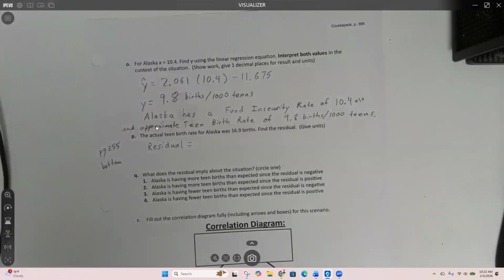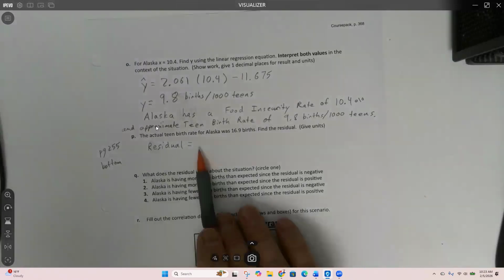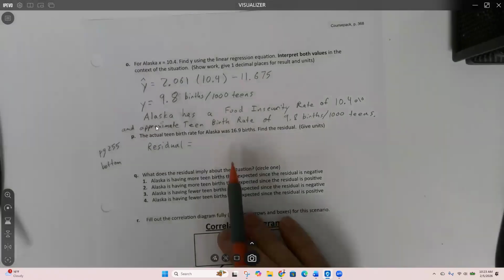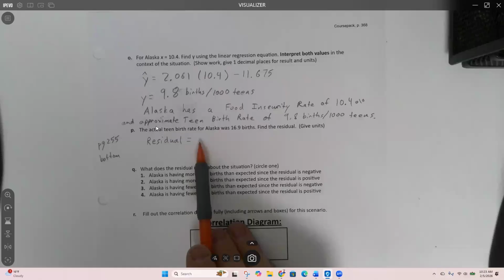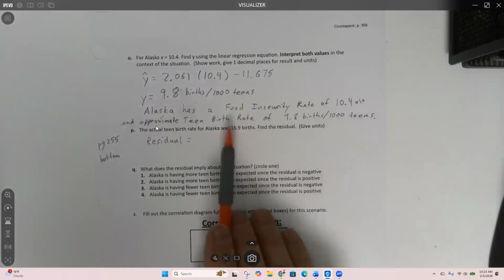Okay. So for this case, I need to subtract those two numbers. The equation is actual Y minus predicted Y hat. What is my actual Y? Is it 9.8 or 16.9?